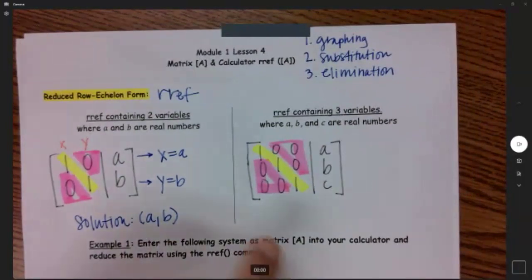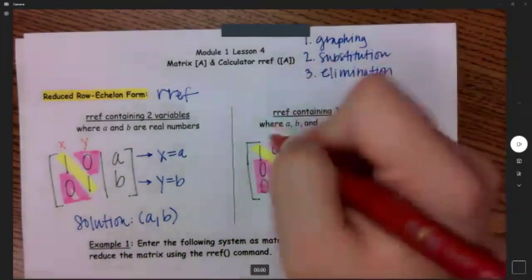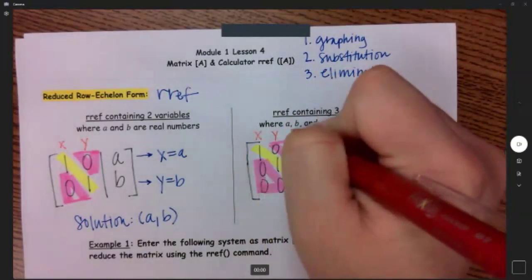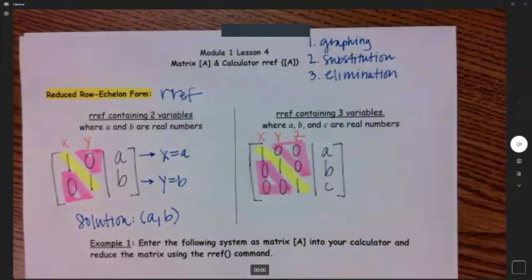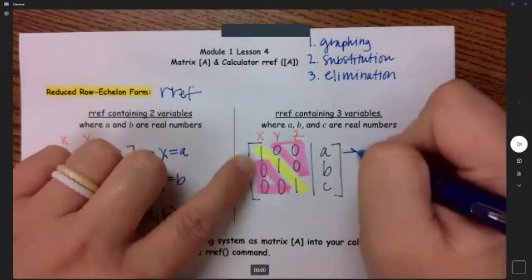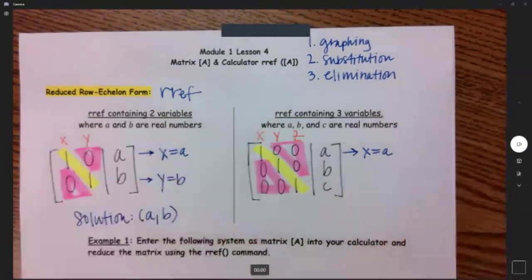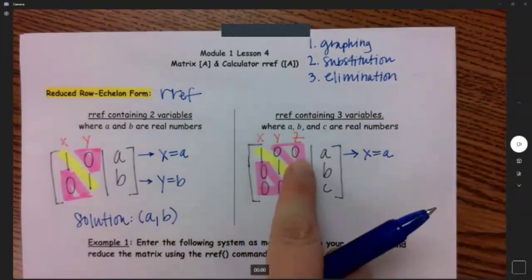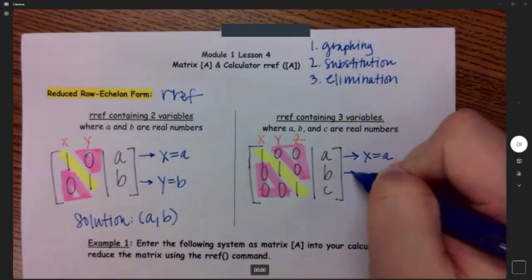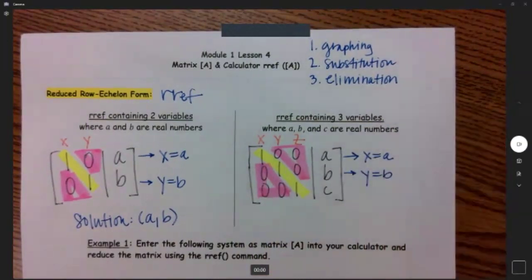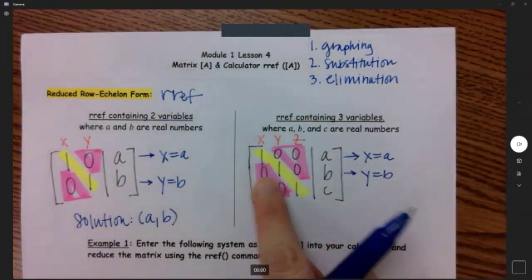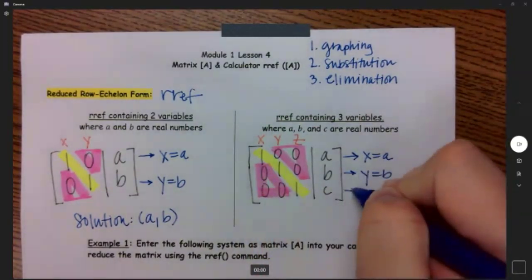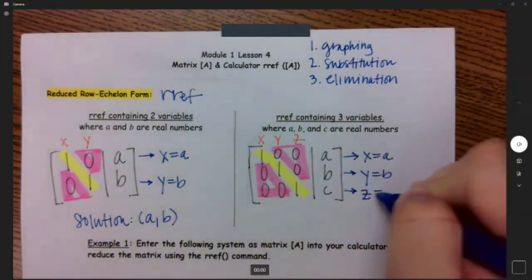Okay, exact same thing when I have 3 variables. Now we have an x, a y, and a z column. This first equation here is that x equals a. We have one x, no y, no z. The second one here is y equals b. We have one y, but no x or z. And this third one here is that z equals c.